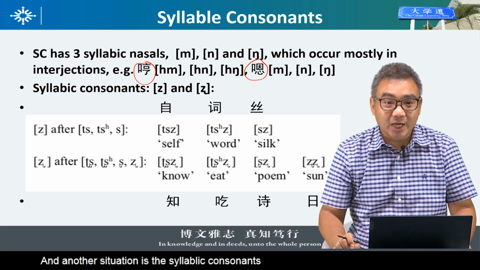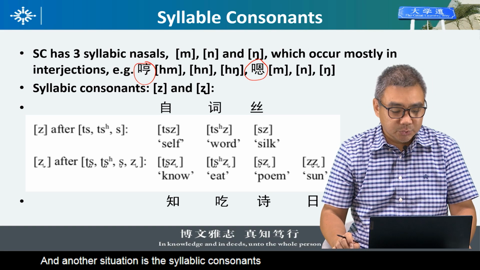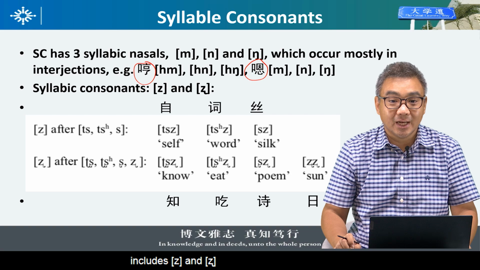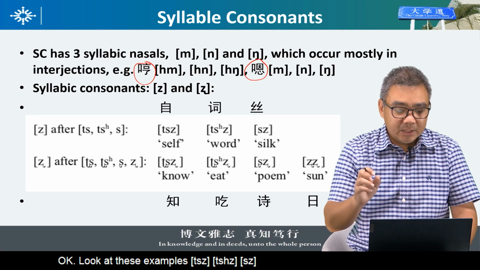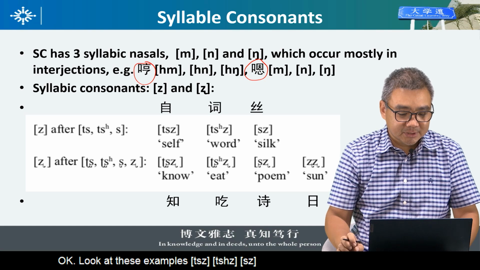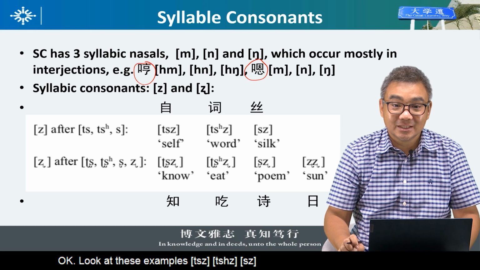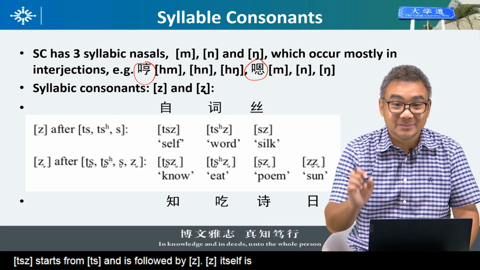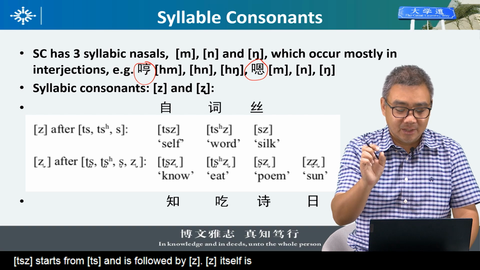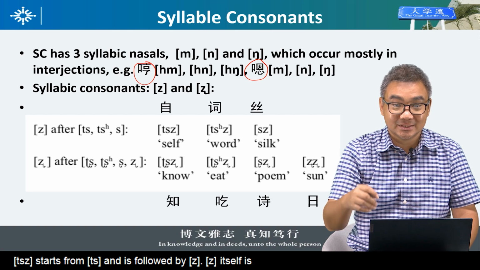And another situation is the syllabic consonants, which include z and r. Look at these examples. Z, c, s. Z starts from z and is followed by z.